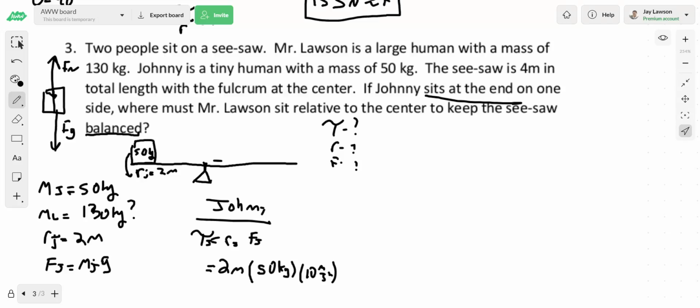So 2 times 50 is 100. And that times 10 is equal to 1,000. So Johnny is producing a torque of 1,000 Newton meters.